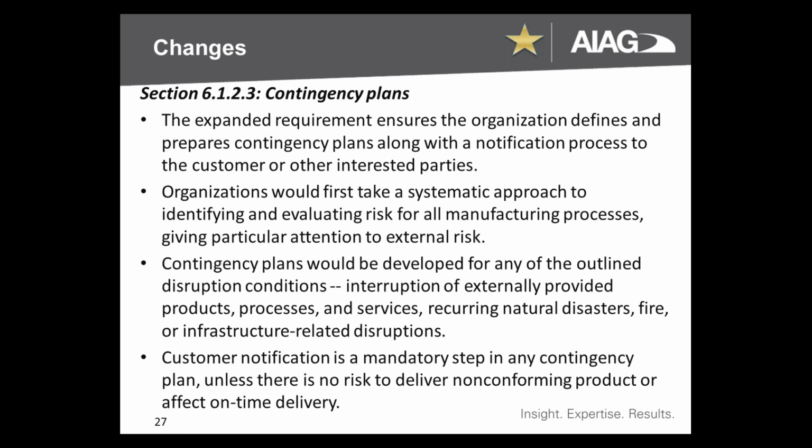So this greatly expanded section ensures the organization defines and prepares contingency plans that include a notification process to the customer or any other interested parties. An identification of interested parties is an ISO 9001:2015 concept that's not covered in today's presentation. That will be covered in one of PGR's ISO 9001:2015 webinars conducted by Joe Krolikowski.